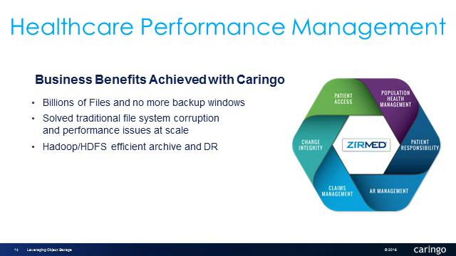So they solve the traditional file system corruption and performance issues at scale, as well as making use of Hadoop and HDFS with Caringo Swarm on the back end for a more efficient archive and disaster recovery platform.